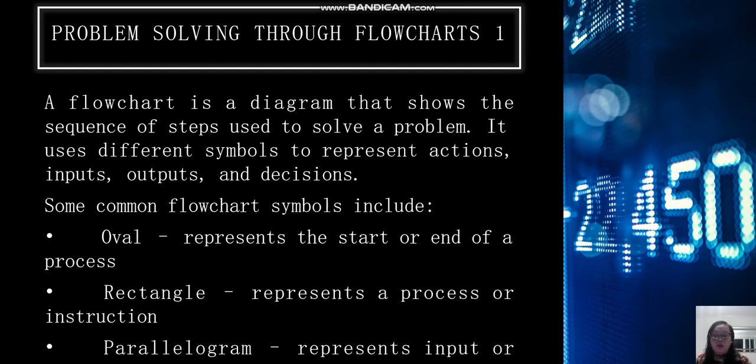Some common flowchart symbols include: oval, which represents the start or end of the process; rectangle, which represents a process or instruction; parallelogram, which represents input or output; diamond, which represents a decision or condition; and arrow, which shows the direction of the flow.